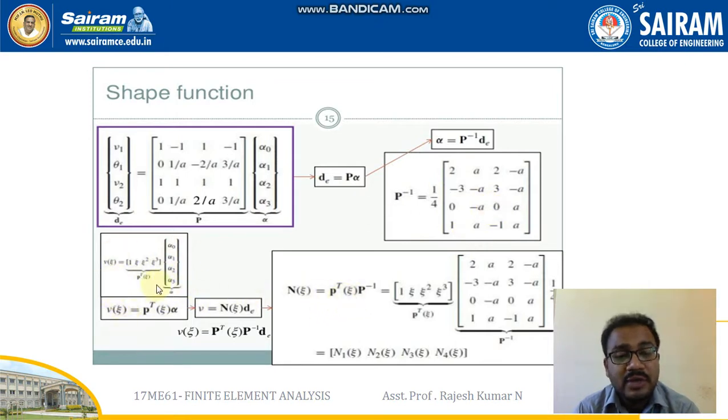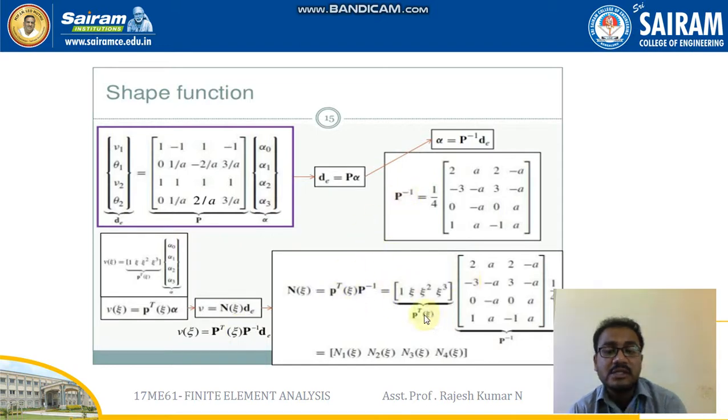So in the previous step we discussed this particular shape function equation, which demands v of zeta is equal to P transpose into the natural coordinates into the constant alpha. So which can be written as v, that is the displacement function, is equal to shape function into d^e. I know what is d^e, and I even know what is P inverse and all other things.